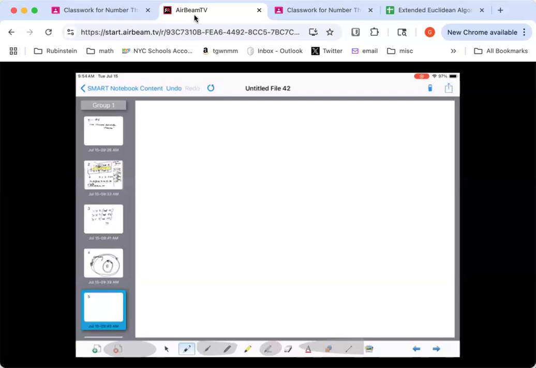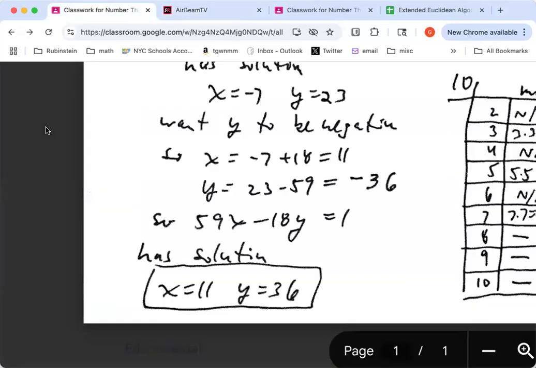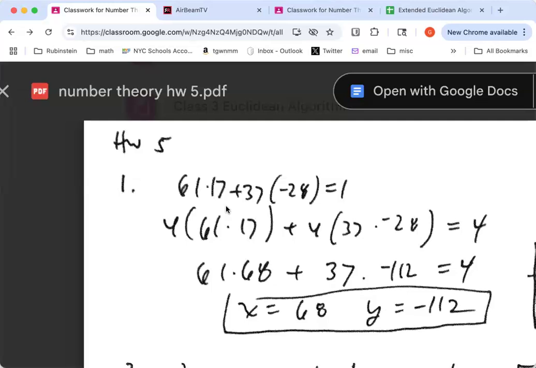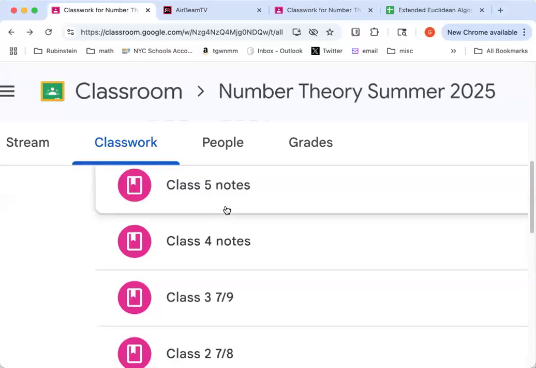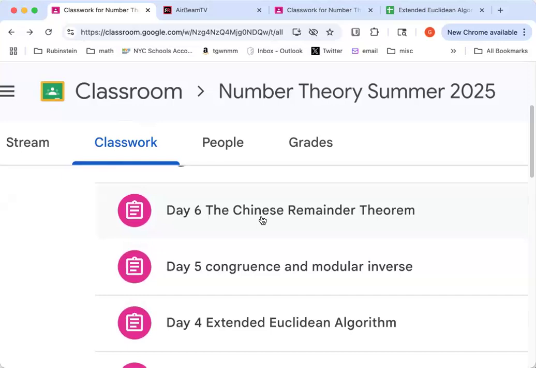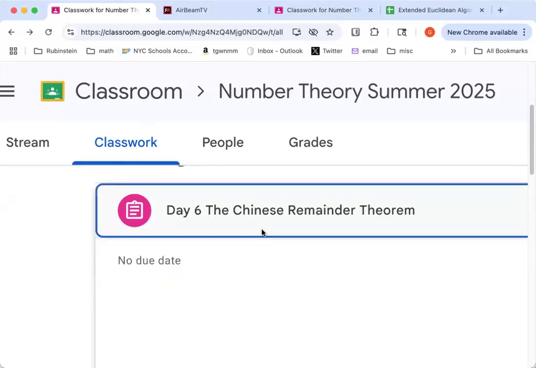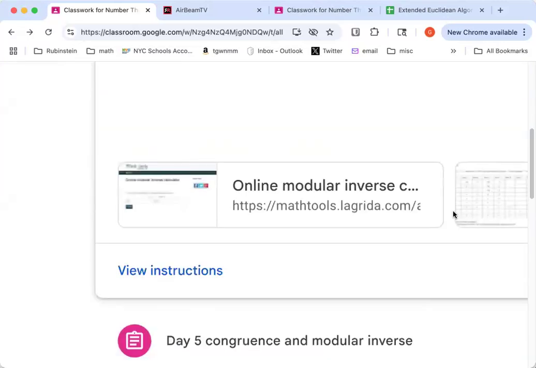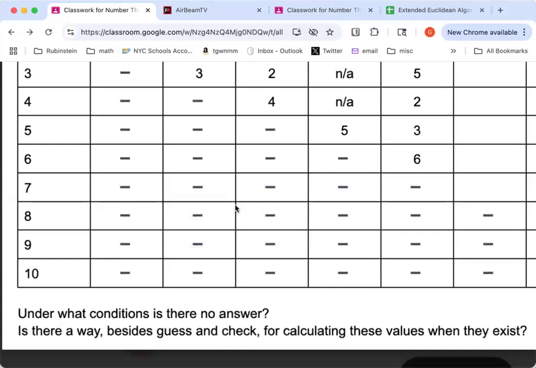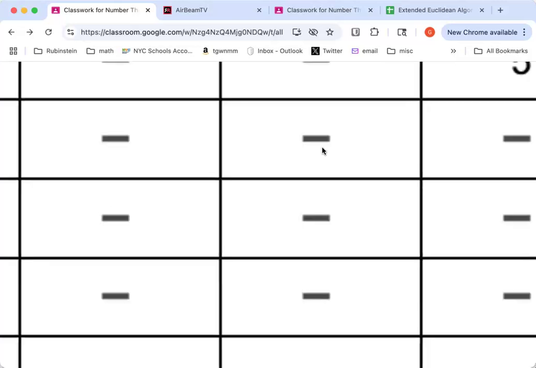Oh, and the chart. I've now given you a copy of the fully filled out chart. So let's just take a look at that. In where it says class 6, day 6, there's a couple of cool things. First of all, there's the chart. Well, that's no good. Is the chart totally filled out?